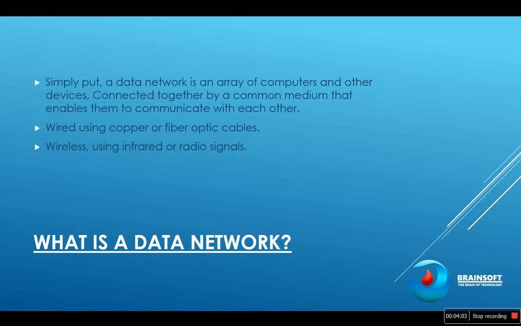A data network can be as simple as 2 home computers connected together. It's not something big that will make you go, oh, what is this? Just connecting 2 computers together using a UTP cable, the crossover cable, is what we term as data network.